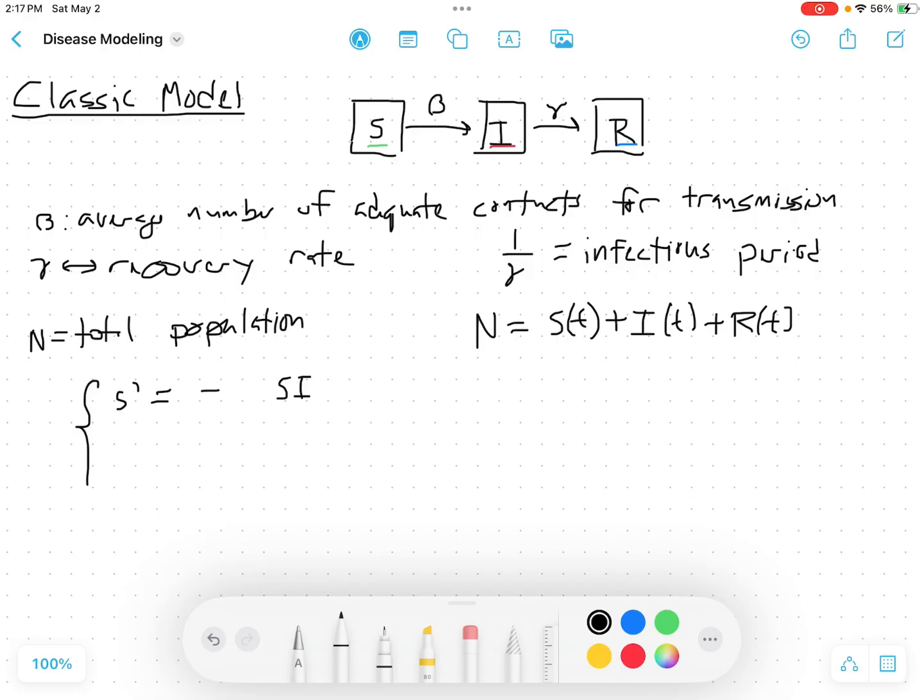We'll multiply that by beta. That would then say, if you've got an adequate contact happening, how likely is it that the disease will actually jump from the infected person to the susceptible person, and then divide that by N, since that's an average number.